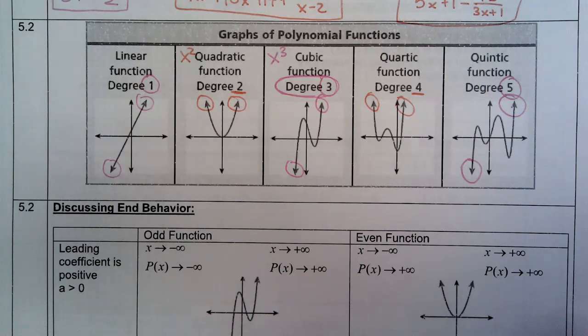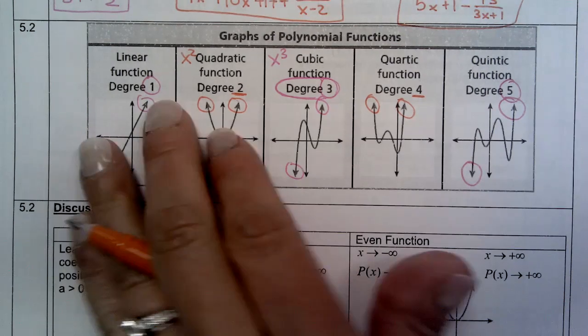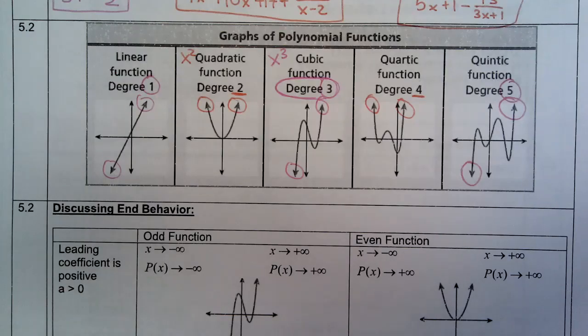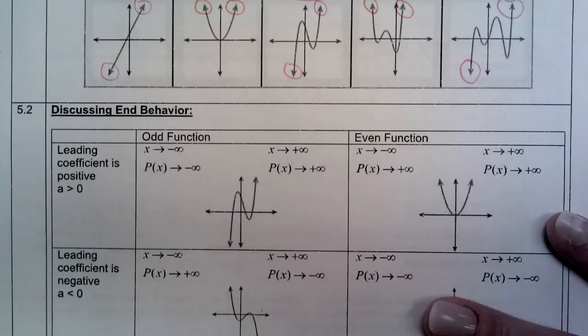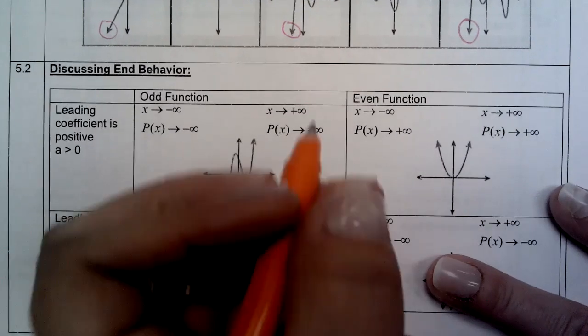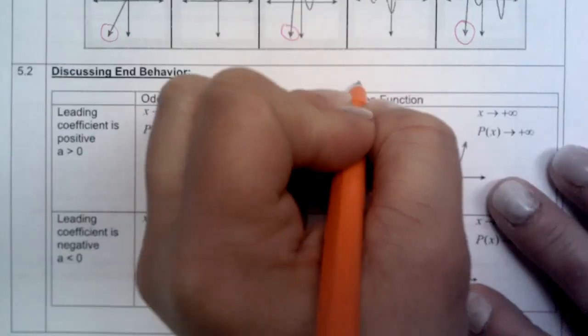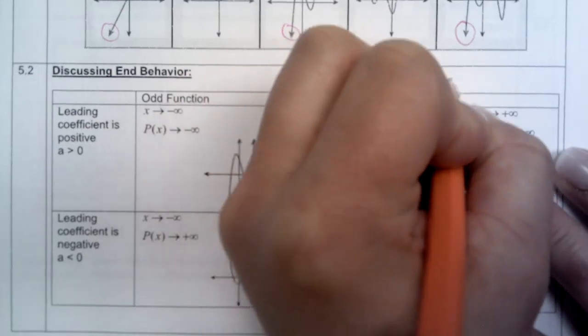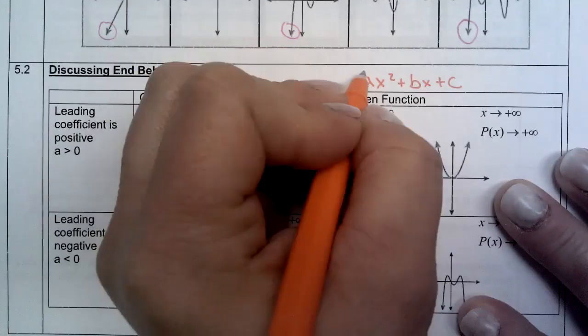So now we're going to get into whether they're even or odd. These are the basics. But now we have to talk about the leading coefficient. So let's talk about the even ones first. You guys have seen the function ax squared plus bx plus c is a parabola.